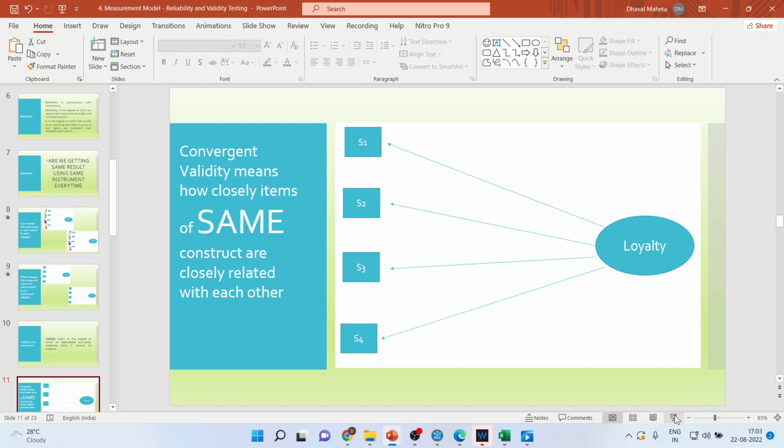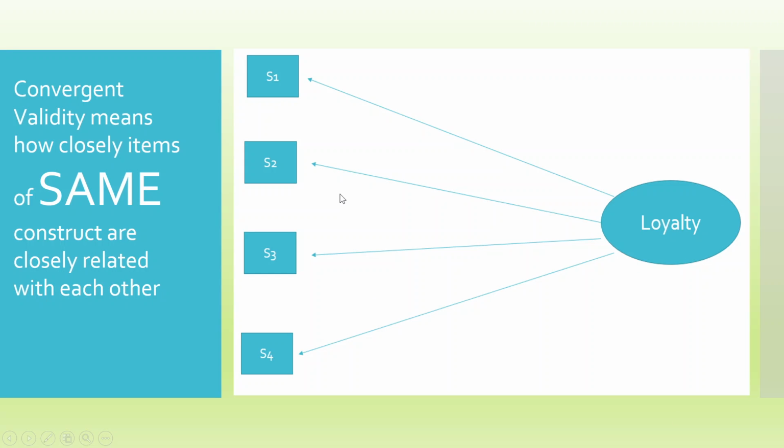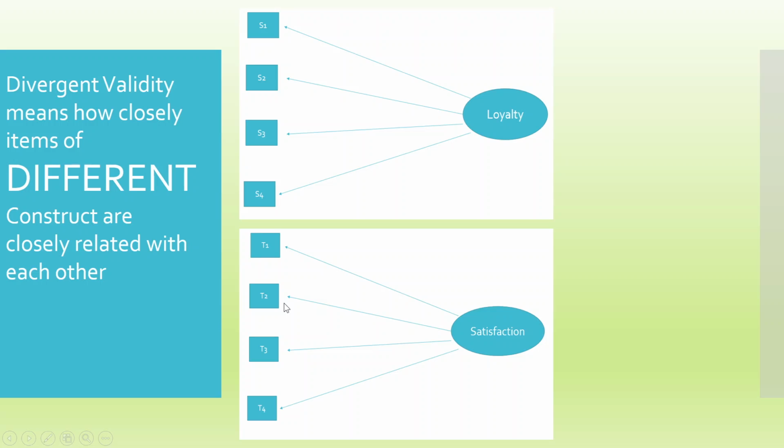This means that we expect a high degree of correlation or cohesiveness among these statements. It is just like the team players in the football team. These team players should have a high cohesiveness so that the team can perform better. Similarly, here also S1, S2, S3, S4 should have a high degree of correlation among them.